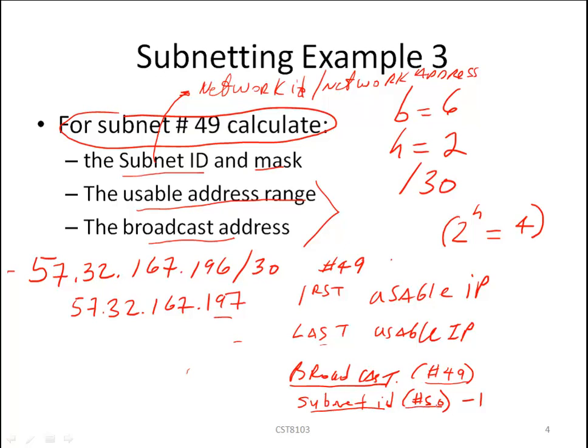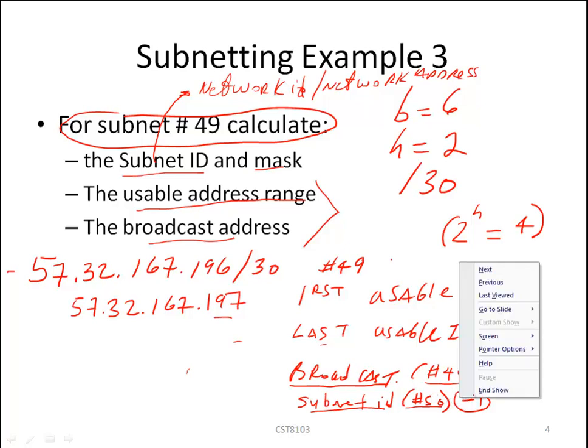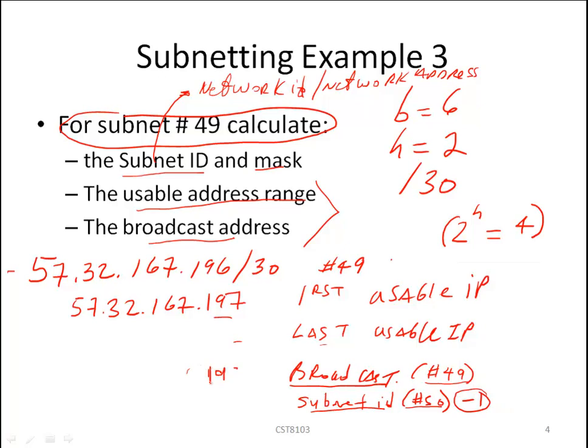So the subnet ID for 50 is, pardon me, 50 times 4, which is 200. Therefore, 200 minus 1 is exactly 199. And our last usable is always our broadcast minus 1. Now let's move on to the next question.